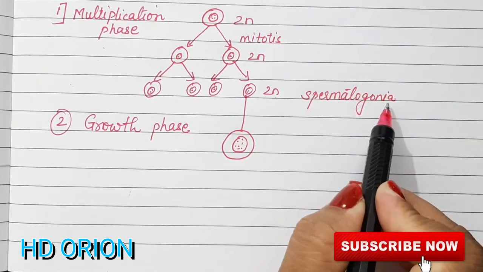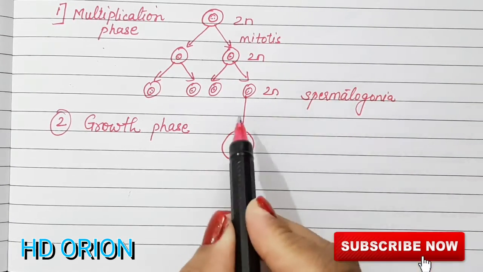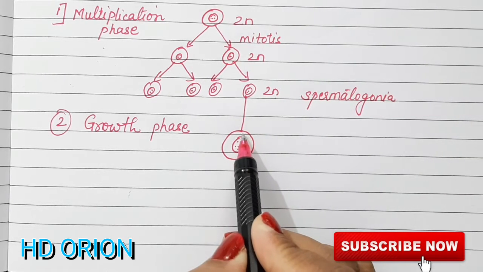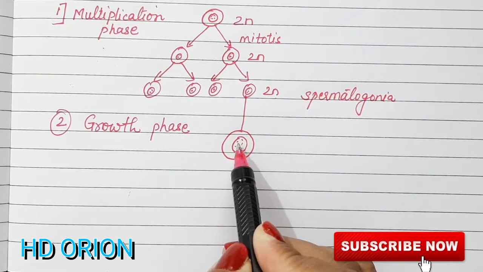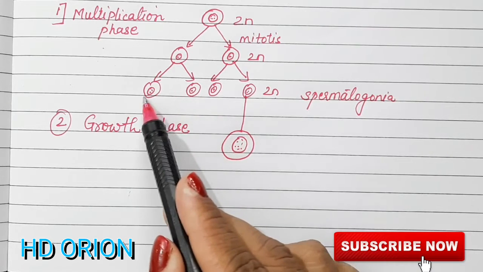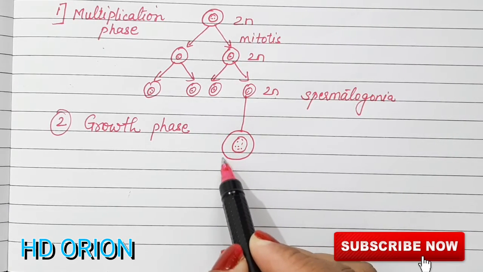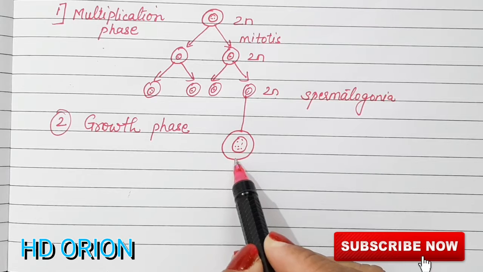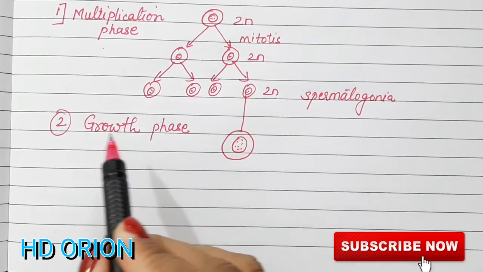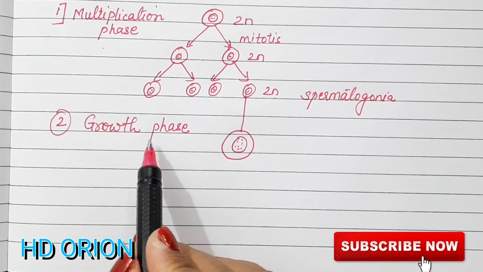Spermatogonia is the plural, spermatogonium is singular. So we are considering one spermatogonium, and the same will be happening with the other spermatogonia. This will increase in size due to accumulation of the nutritive material. So this phase is called the growth phase.